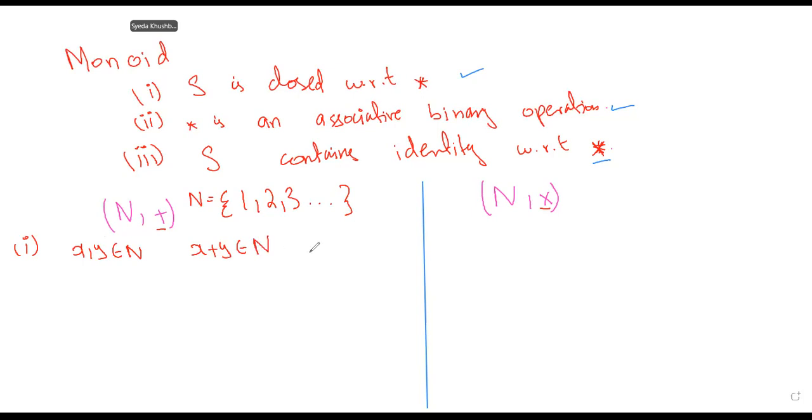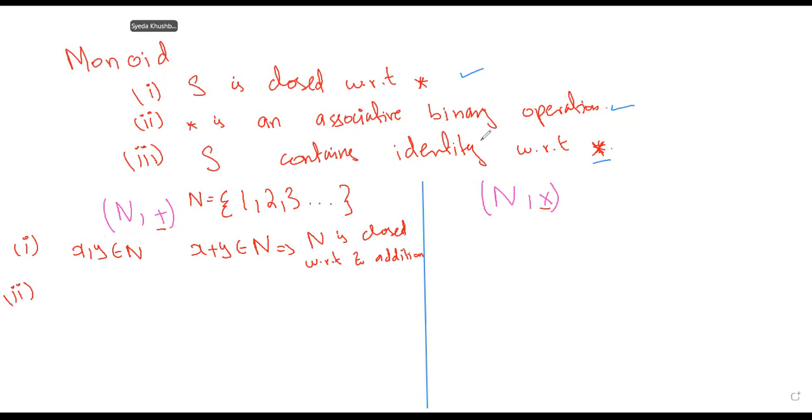So this implies that N is closed with respect to addition, right? Is it good? Yes, ma'am.